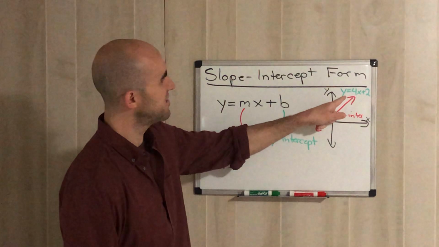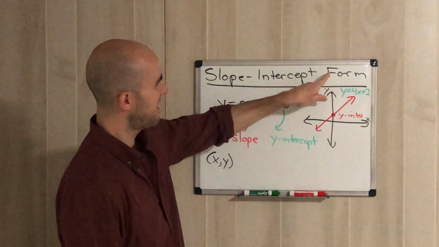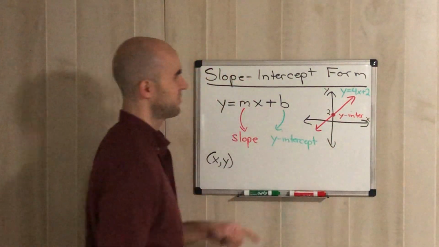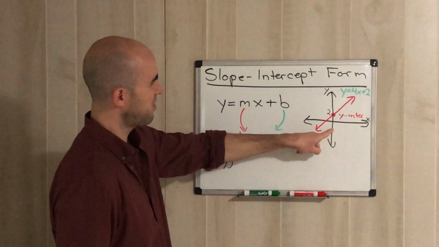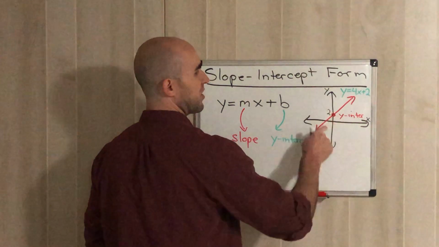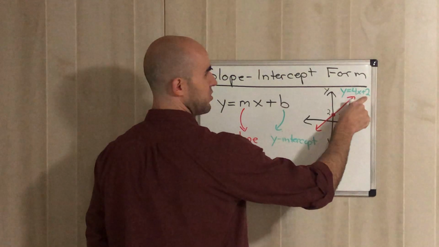So when you see an equation like y equals 4x plus 2, it's telling you that it crosses the y-axis at 2. That's what that positive 2 means. If it was a negative 2, it would be crossing down here at negative 2. In this case, it crosses at the number 2.